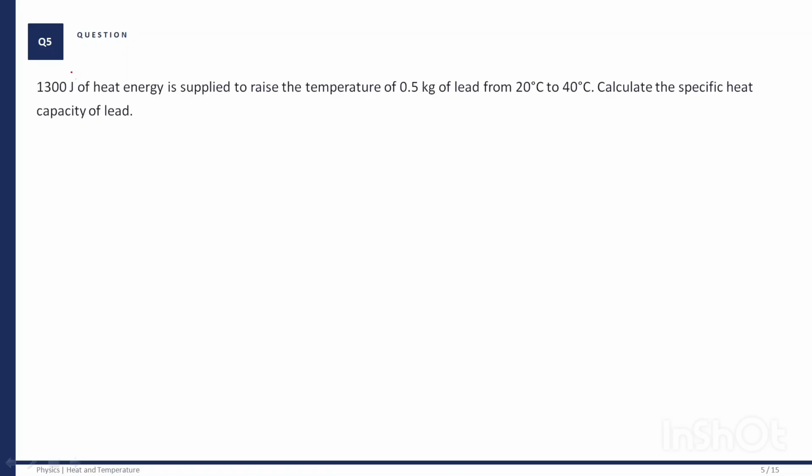Q is given, mass, initial temperature T1, final temperature T2. So what we need to find out here? We need to find the specific heat capacity C of the lead.